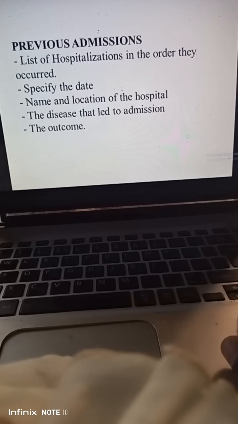You have to know the outcome of the previous admission, whether the admission is related to the current condition or is different from the current complaint of the patient. You have to clearly mention these things. Sometimes you may need to mention previous admission history in the part of history of present illness.